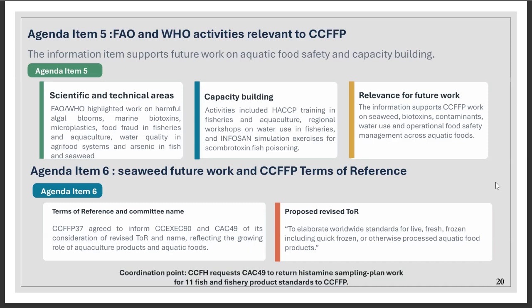All of these matters and activities support the future work of the committee in regard to fish and fish products, especially in the topics of seaweed, biotoxins, contaminants, water use, and operational food safety management across aquatic foods.